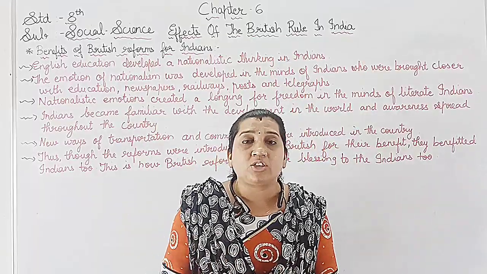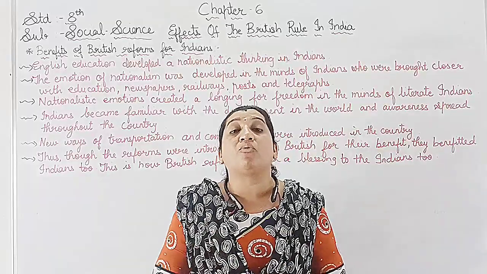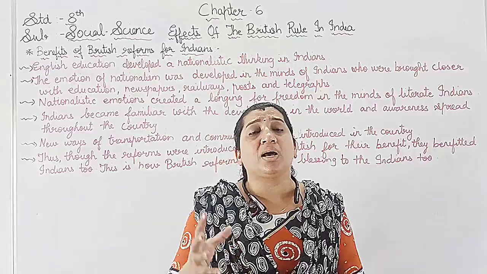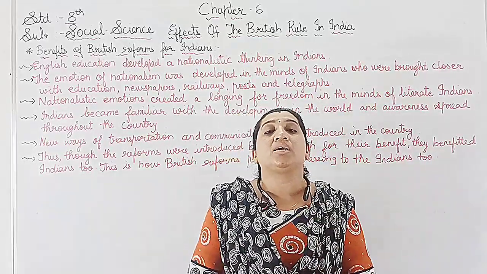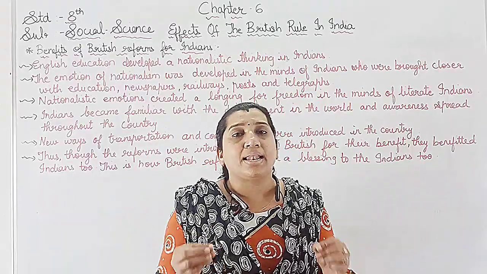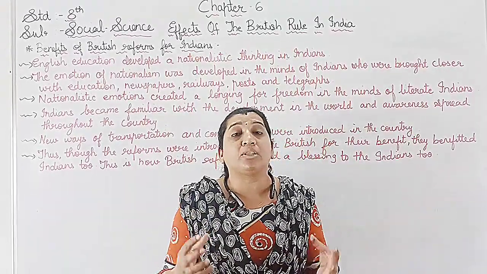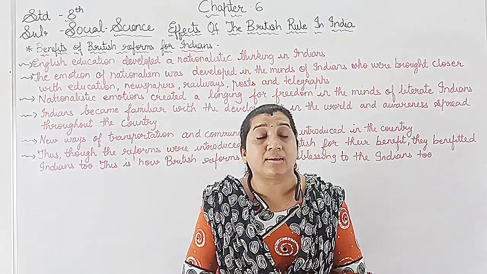Apart from that, he banned the sati system in our country, India, with the support of Raja Ram Mohan Roy. With the support of Lord Macaulay, he started English education in the year 1834, and every year he decided to spend 1 lakh rupees for the development of English education among the people of India.